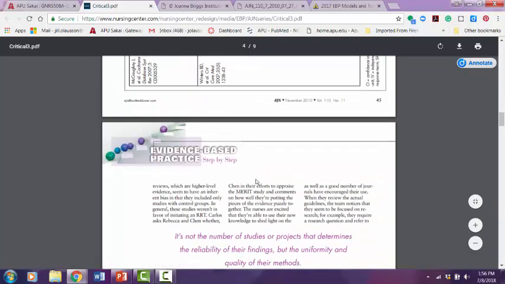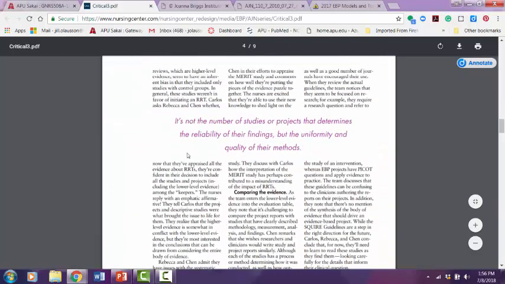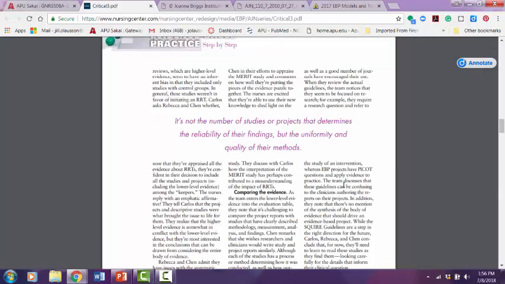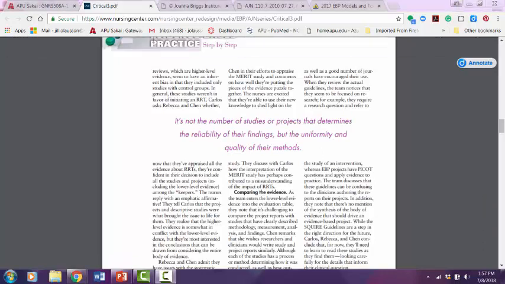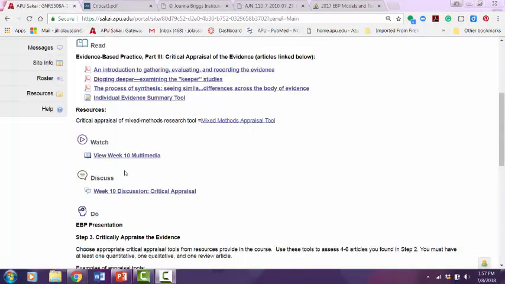They put in the independent and dependent variables in there. Really cool thing I think they have here: it's not the number of studies or projects that determines the reliability of their findings, but the uniformity and quality of their methods. And that's really, in a nutshell, why we're doing critical appraisals, to make sure that we have high quality studies informing how we're going to change our practice.